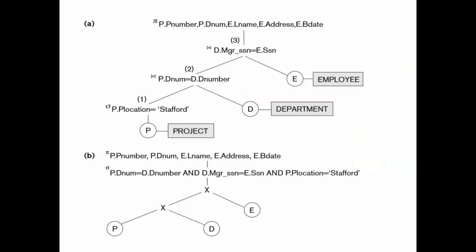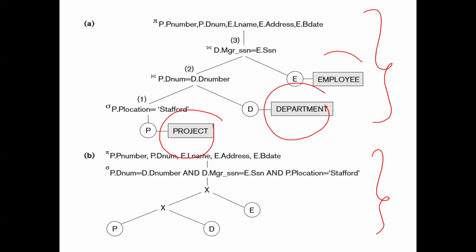Great. Now let's move on. This is the next step that we are going to see after discussing the second half of the chapter, so I will not explain it right now. Just note that here we have a project table, department table, and employee table.